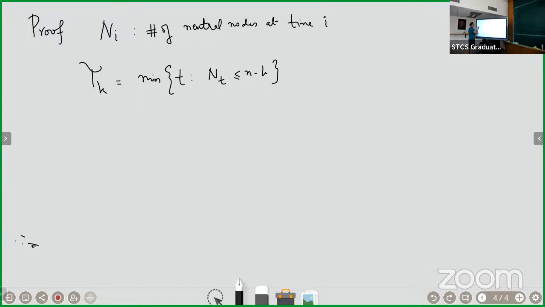So if the size of the connected component of V, C(V), is greater than or equal to k, what can I say about tau_k? Is it upper bounded, lower bounded?